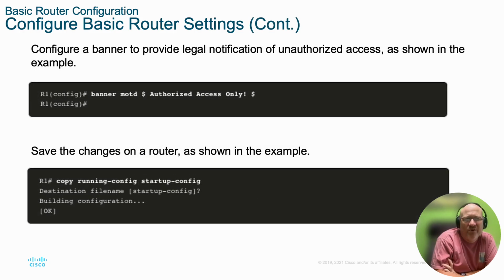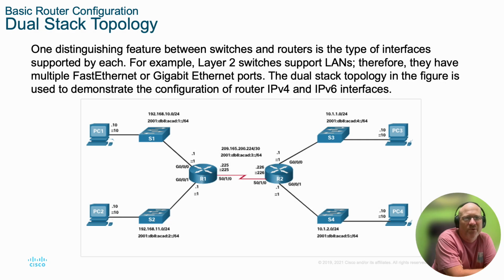You can also set up a banner message which just gives legal or useful information, of go away, leave us alone, or who we are, this router belongs to Andrew, that kind of stuff. And you do copy run start, same as you do on a switch, but I've told a lot of you already that you can use WR, write, or the old write memory command.